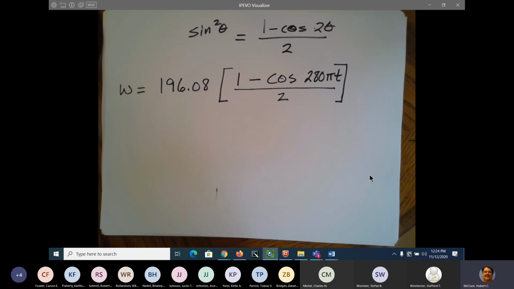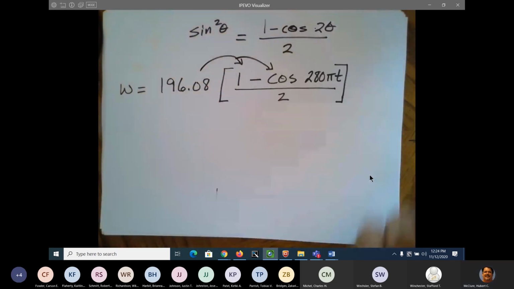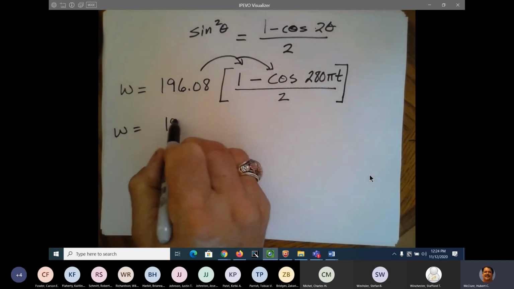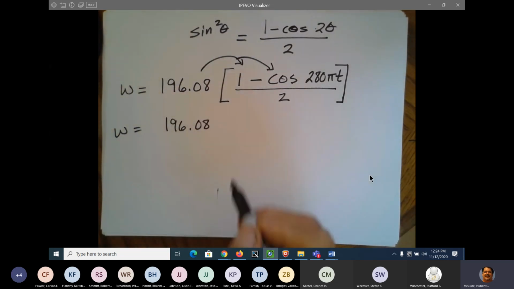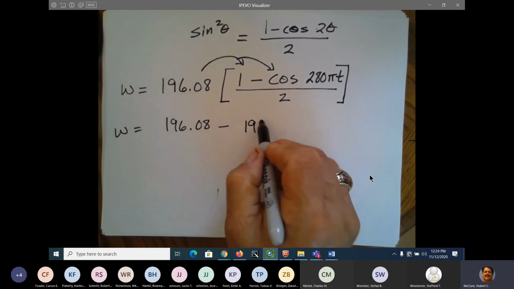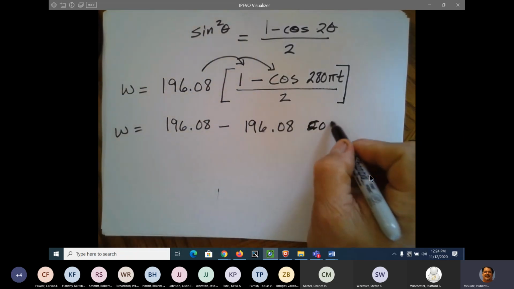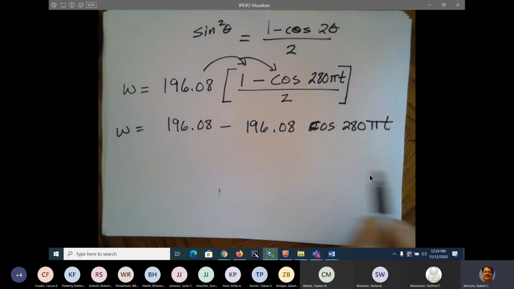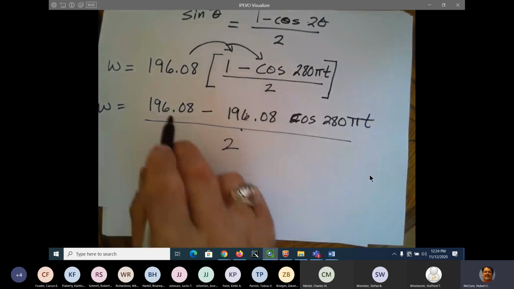Now I'm going to distribute this, and that's going to give me W is equal to 196.08 minus 196.08 cosine 280 pi t, all divided by 2, and that's going to take these 2 down.